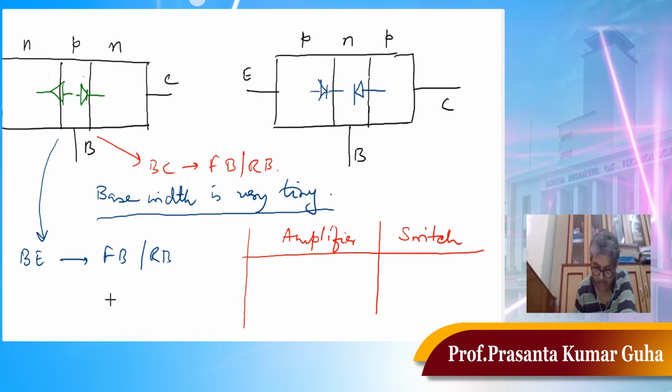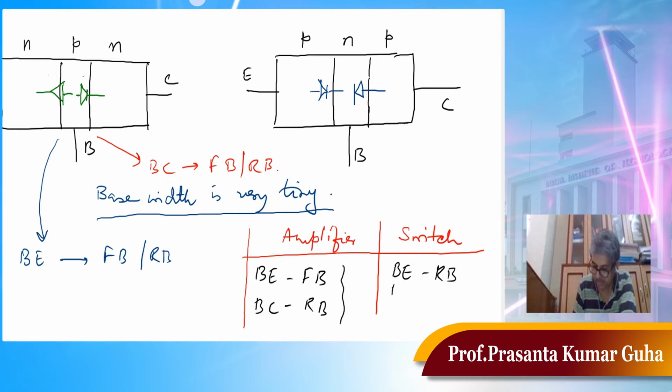So if it is an amplifier, then the biasing is like this. Base-emitter junction should be forward bias, and base-collector junction should be reverse bias. And if it is a switch, then base-emitter junction is reverse bias, base-collector junction reverse bias.